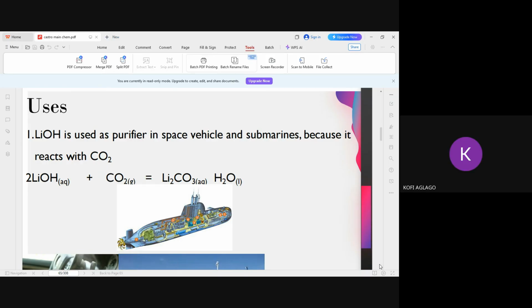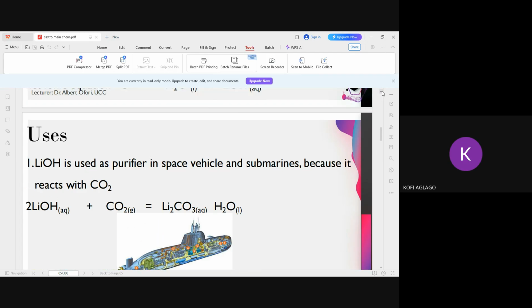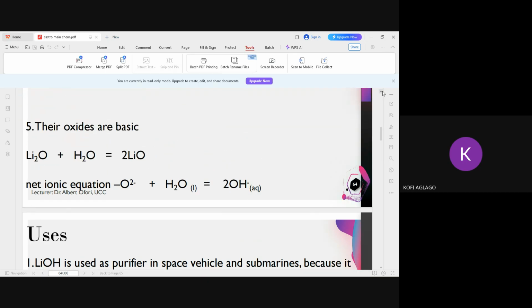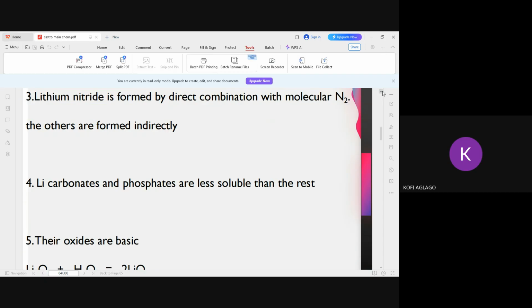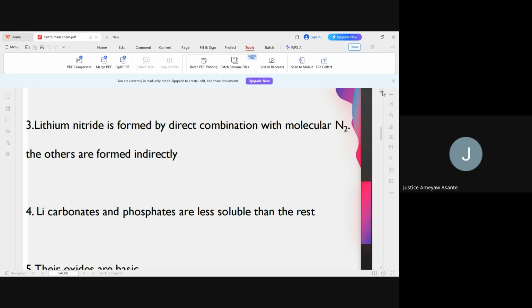So please, yeah. With the reaction, we are looking at the reaction of lithium, but at point 3, you see that it is written sodium, meanwhile we are talking about lithium. The other point 3 is lithium nitride formed by direct combination with molecular nitrogen.